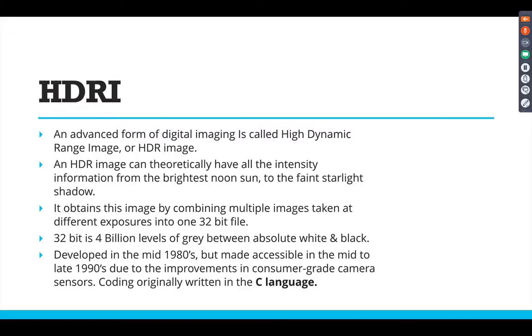You're up to 16 million. All right, when you get into 32-bit, you've got about 4 billion levels of gray. What that means is it keeps all that exposure information, so when you dial in the exposure in your image, it's not just contrast and brightness, it's actually accessing the whole dynamic range that is in the image.